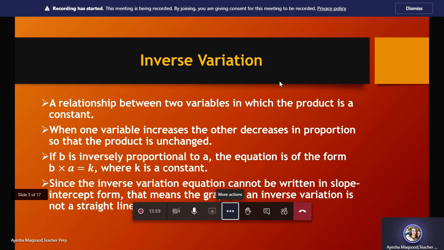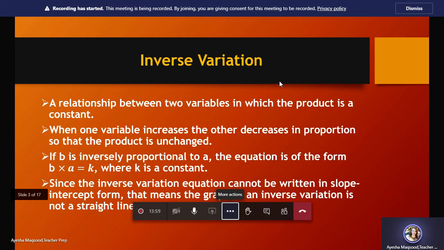But if the same pizza is shared by more than 2 people, let's suppose 3 or 4, the slices each will get will be less. So when there were fewer people to share the pizza, more slices were taken. When we increase the number of people, the number of slices decreases. Similarly, the other example is speed and time.